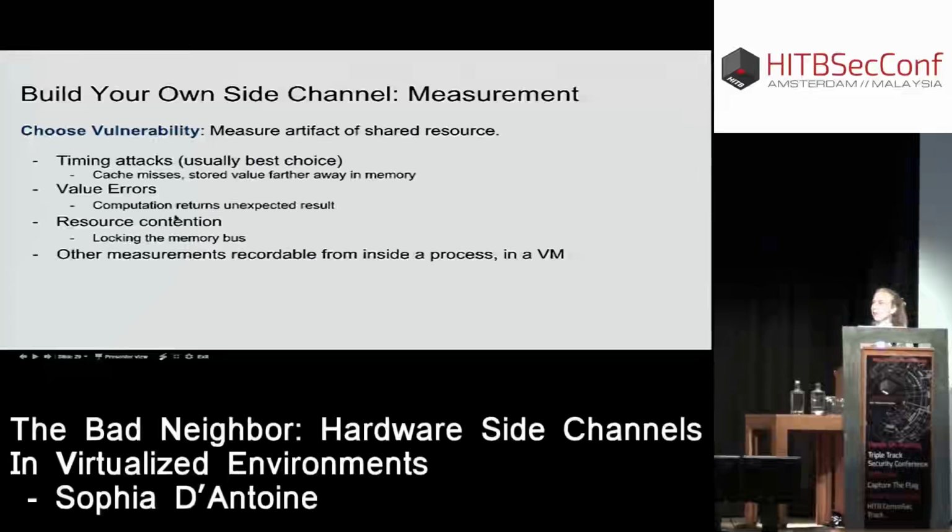I've seen a paper where a researcher took two different processes and locked the memory bus on the entire computer, and that was one bit of information. It was a very strong, noiseless side channel, but also very noisy in the sense that it was detectable. So that was funny. But any other way of measuring your piece of shared hardware you can use to create a side channel.